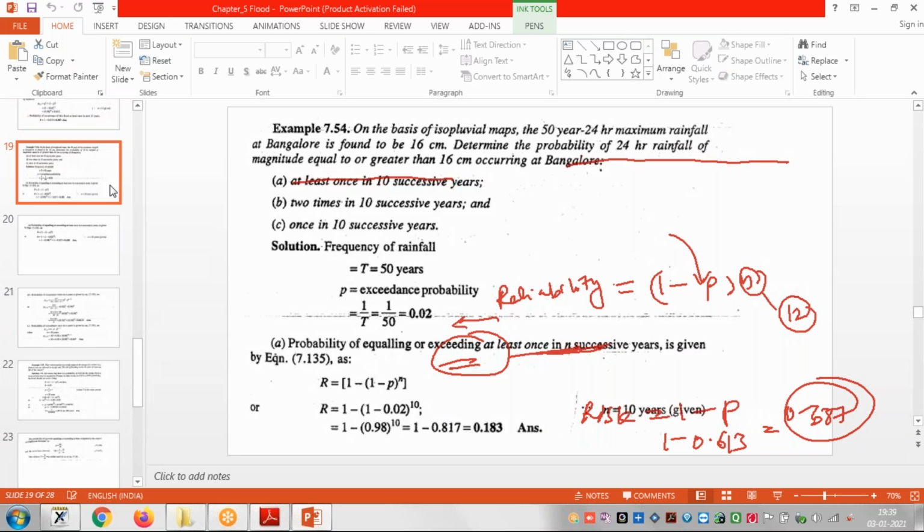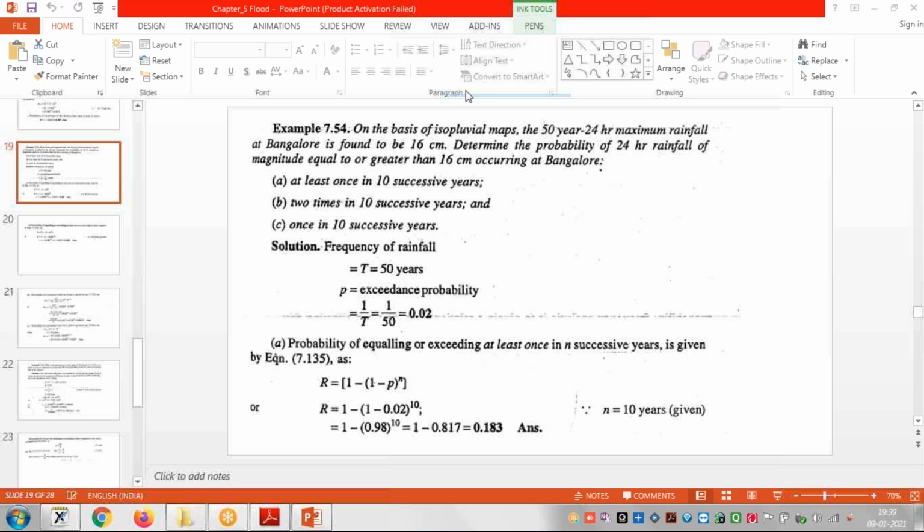Now there is another problem. We'll see this also. On the basis of isopluvial maps, the 50-year 24-hour maximum rainfall at Bangalore, which is one of the cities in India, is found as 16 centimeter.